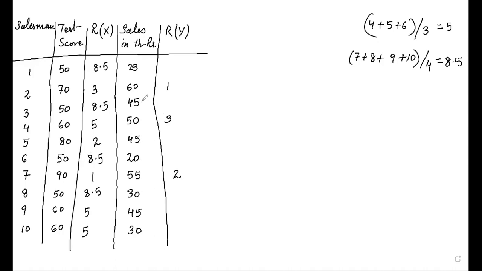That means 4th, 5th, 6th. So 4 plus 5 plus 6 gives the average value 5. So all 45s will get 5, 5, 5. Next is after 45 and before 40; 40 is not there.